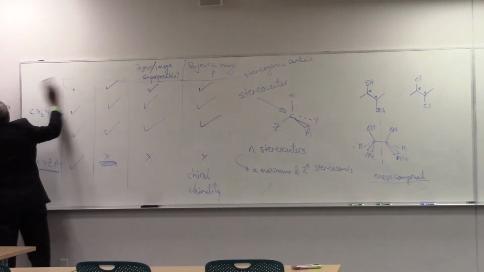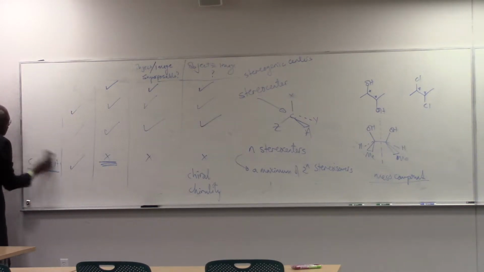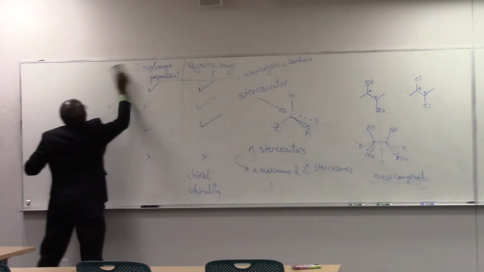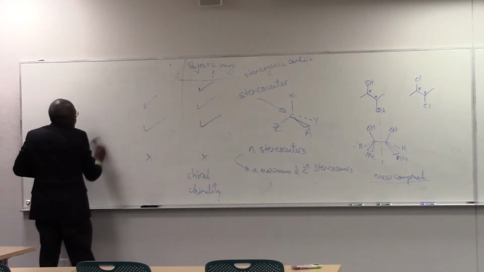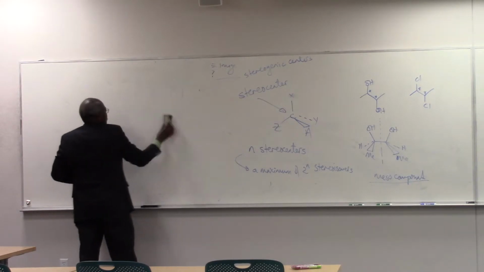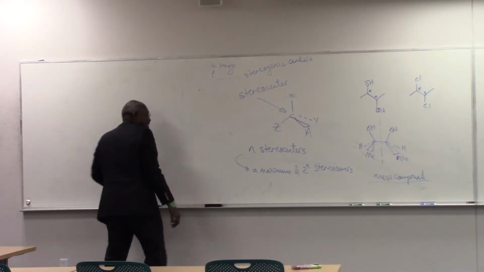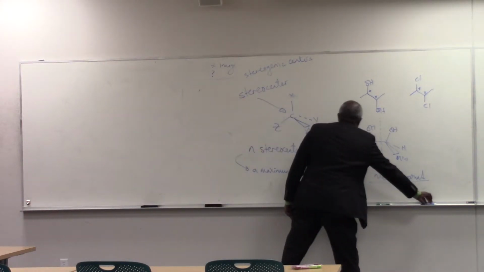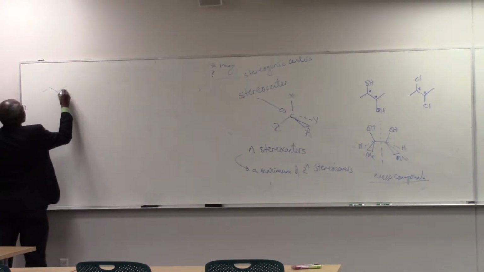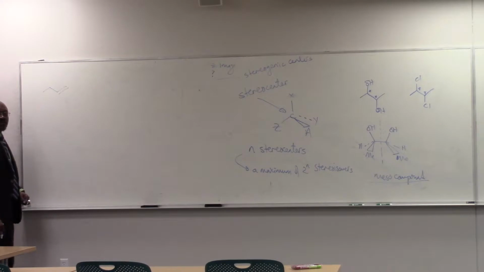And one of the easiest ways, I think, of segueing into that discussion is to look at what happened when we discovered the different butenes. So for example, if I put a double bond and I make butene, I call a compound 1-butene.